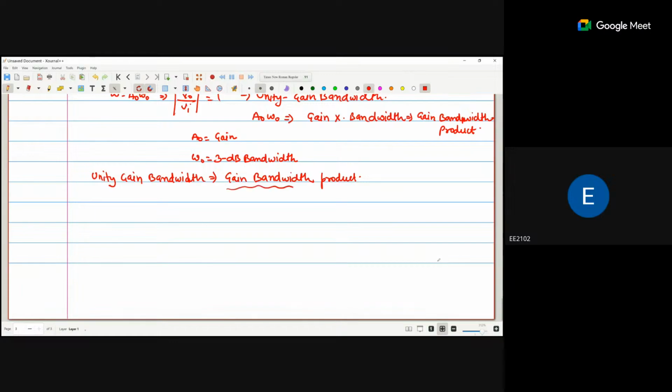That particular gain bandwidth product is a very important parameter. Why is it an important parameter? Because it will decide which operational amplifier we are using for a particular application. For example, I have a gain bandwidth product of 1 megahertz.